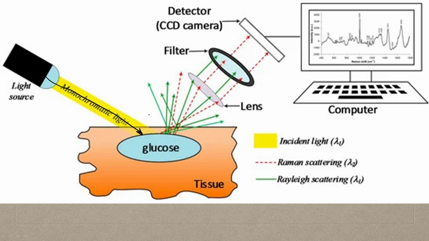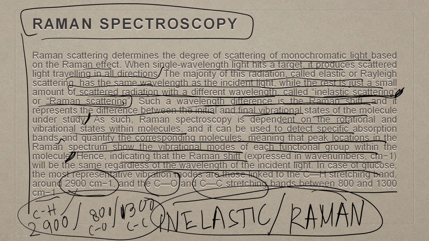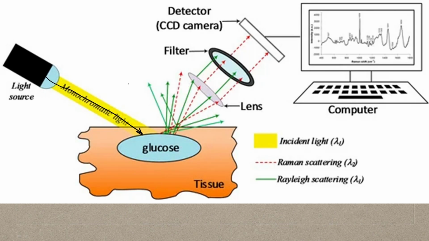There is a monochromatic light, and these are the different kinds of reflections happening, but we are only talking about the inelastic. This is such wavelength differences in Raman shift and represent the difference between initial and the final vibrational state. So, we are only talking about scattered radiation with a different wavelength called inelastic scattering, and this is what Raman spectra gives you. So, we are only bothered about these red ones, and this is where you see the wave numbers will be there.